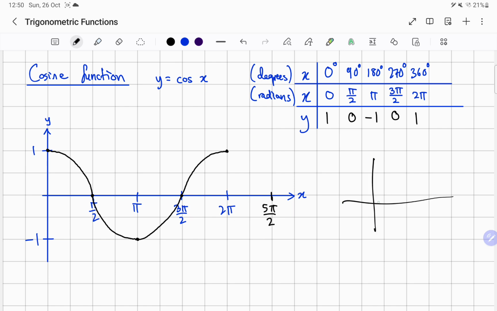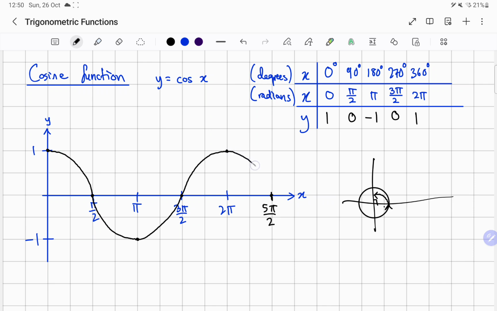You went 360 degrees just now, then you go another 90 degrees, so this is 450 degrees. So we are asking what is sine 450 degrees, sorry, not sine, cosine 450 degrees, and the answer will be the same as cosine 90 degrees, which is 0.